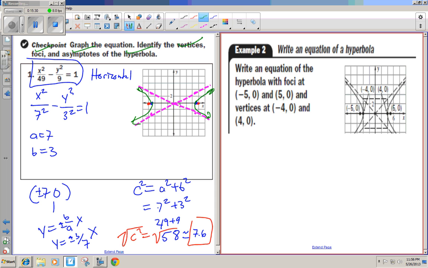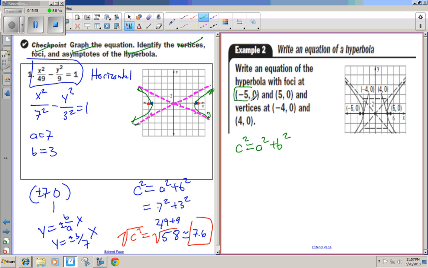All right, let's hope now that example 2, writing an equation for a hyperbola, is a little bit easier. Write an equation of a hyperbola with foci at -5, 5, and vertices at -4, 4. So we're looking at c squared equals a squared plus b squared. So we know some of this information.